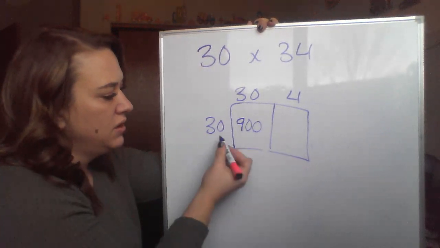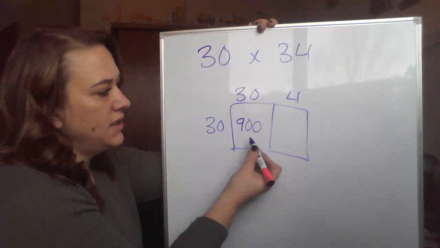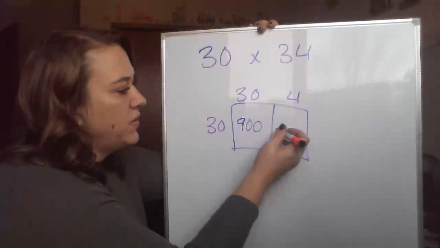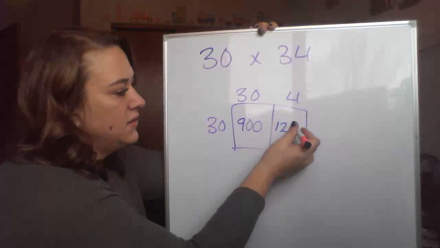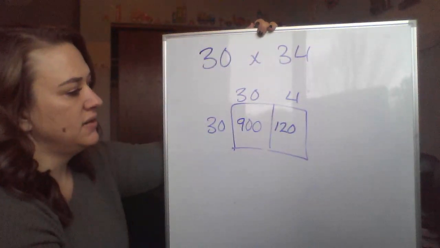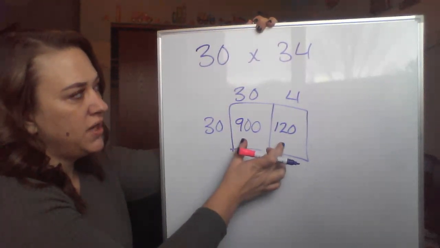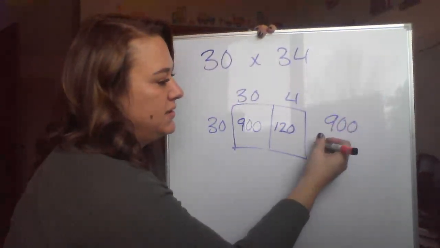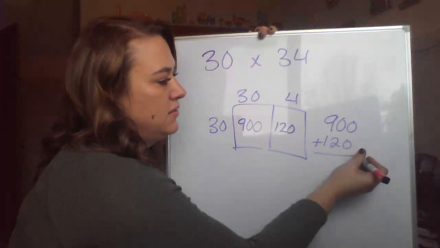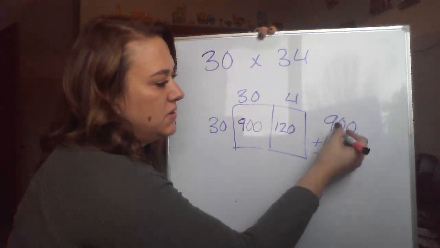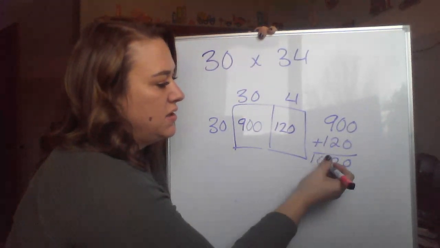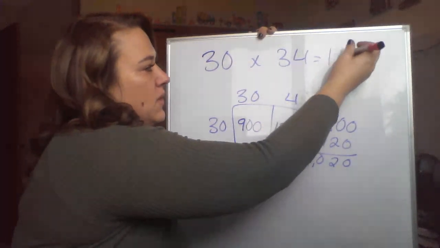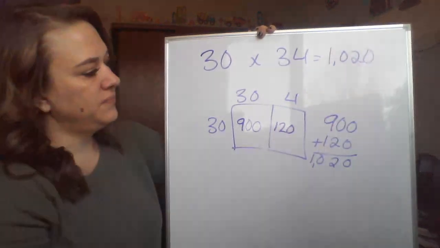So 30 times 30 is 900. 30 times 4, 3 times 4 is 12. Add our 0, 120. So we need to add those two partial products to get our final product. So 900 plus 120, 0 and 0, 0 and 2, 9 plus 1. So our final product is 1,020.